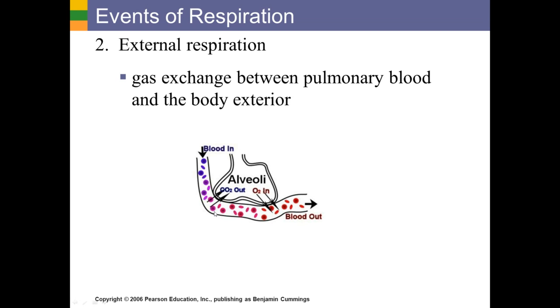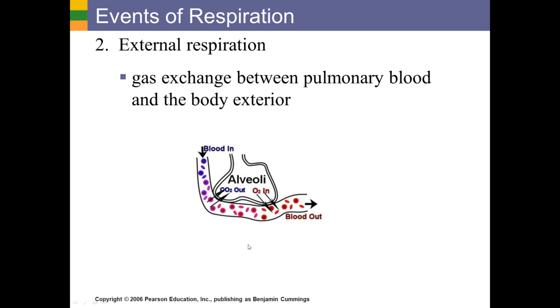The bigger the gradient between the carbon dioxide in the alveoli and the carbon dioxide in the pulmonary capillaries, the greater carbon dioxide will diffuse out. The greater the partial pressure gradient of oxygen in the alveoli and the oxygen in the blood, the greater the diffusion of oxygen into blood. And so, in order to maintain these gradients, we have to breathe.